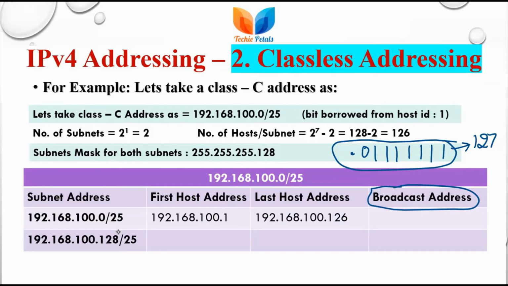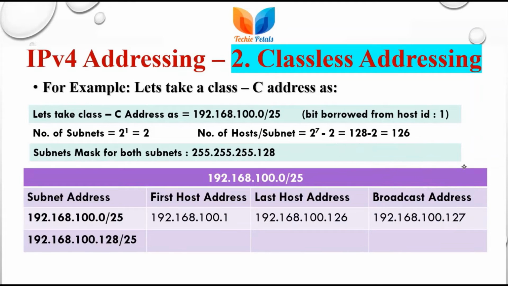So after the last host, if all host bits are 1, that will be the broadcast address of the network. This bit is a network bit, not a host bit. So here the broadcast address will be .127.